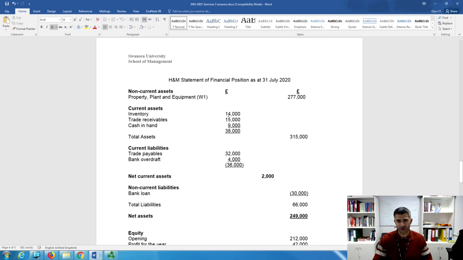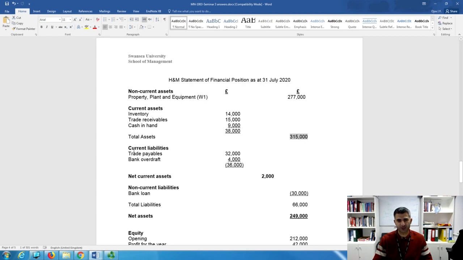So what you need to do is add them together here, look, is £38,000. So total assets, which is the total non-current assets plus total current assets, equal total assets of £315,000.